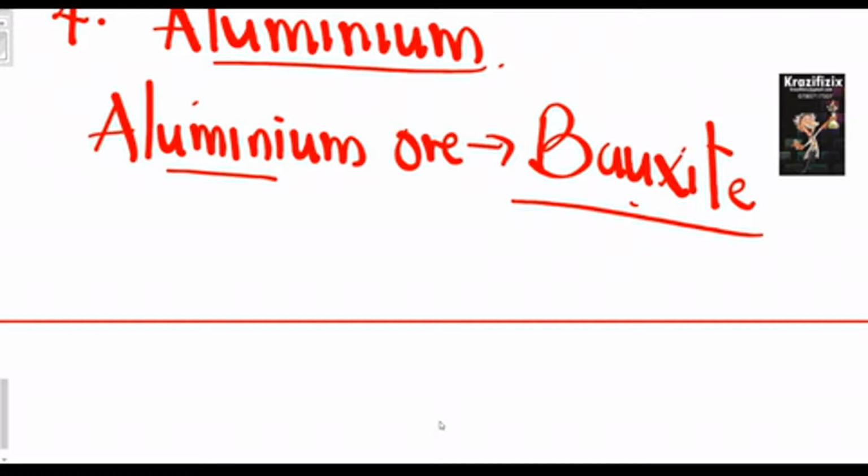Now, this bauxite, there's a whole lot of process here. Let's have this written down.